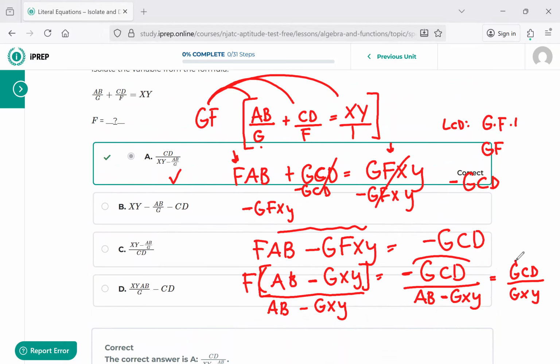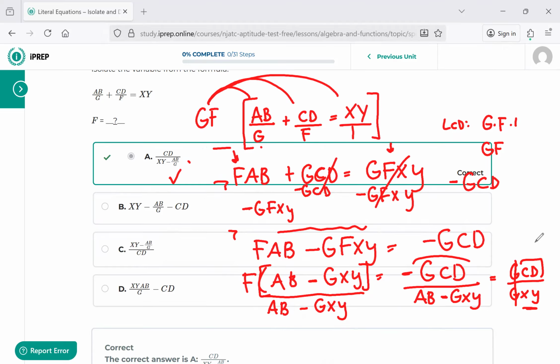As you can see, the G's cancel. So you're left with a CD and you're left with an XY in the bottom. So that's why I chose this one. You just have to pick the correct one. But all the steps are correct. Wow, that was a difficult one.